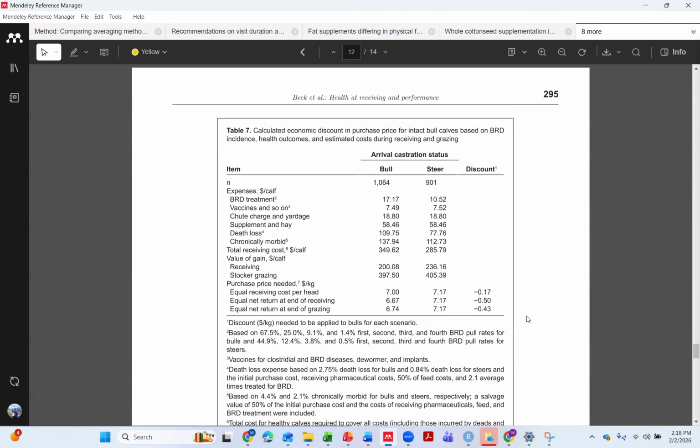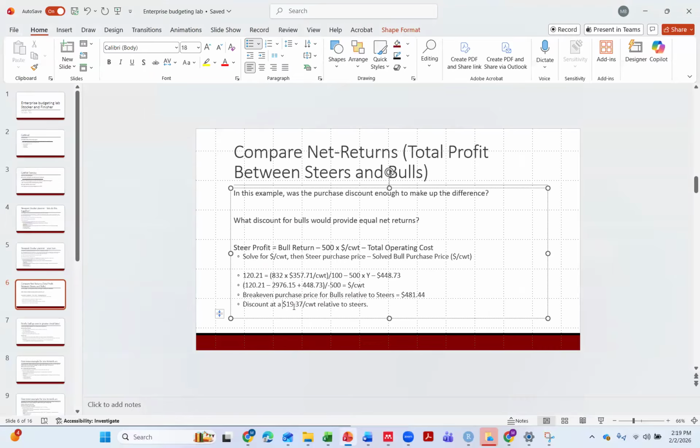So 0.43 divided by 2.205 is a $19.50 per hundredweight discount needed to break even for these bulls versus steers. So this 43 cents per kilogram is really $19.50 per hundredweight, which is almost identical to what we just saw in the scenario we went through right now, right?